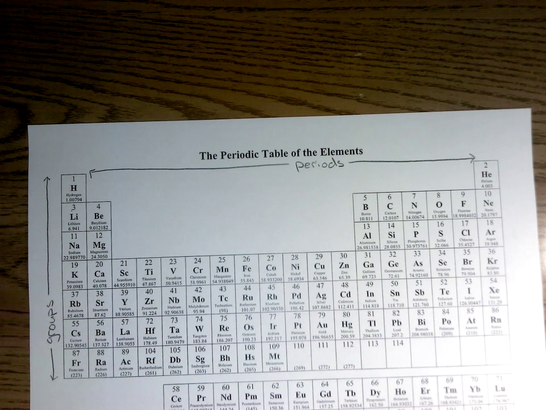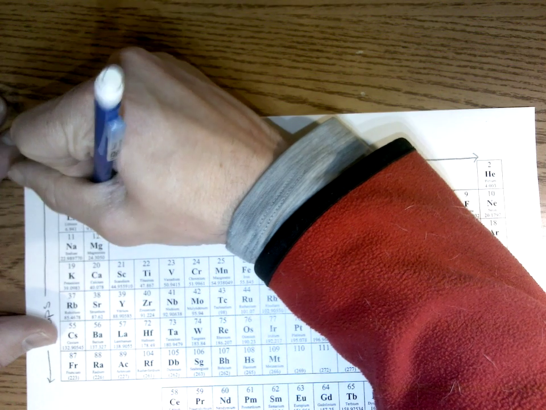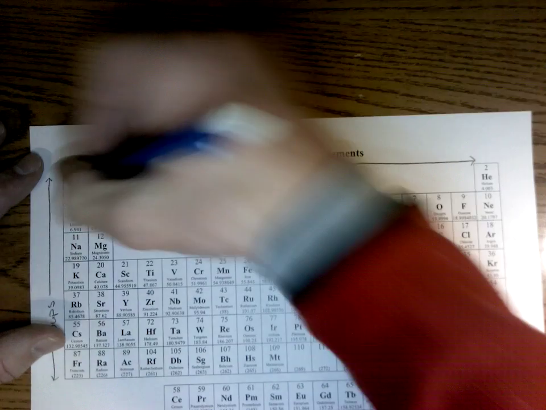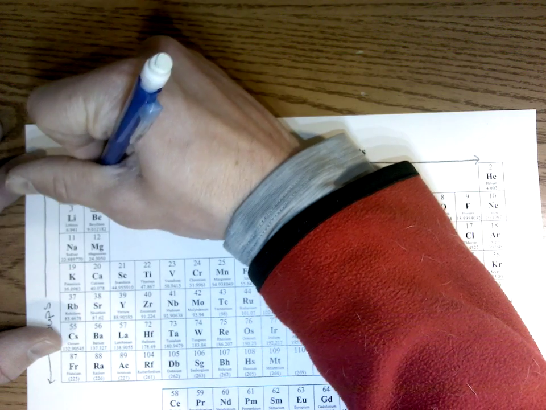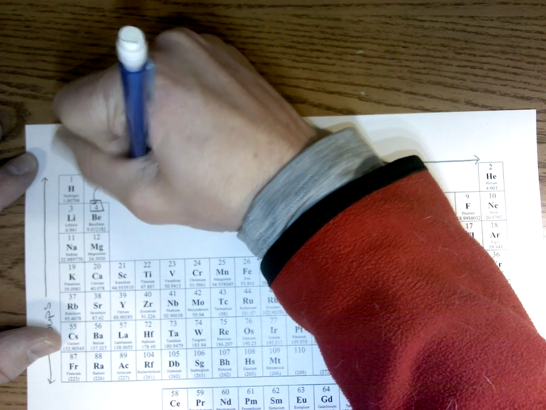Now, what I want to highlight is a couple of things. And we go back over this more and more as we get in depth into the periodic table. But number one here is this whole number. Now I'm going to highlight beryllium as our example, but this whole number is what we call the atomic number.